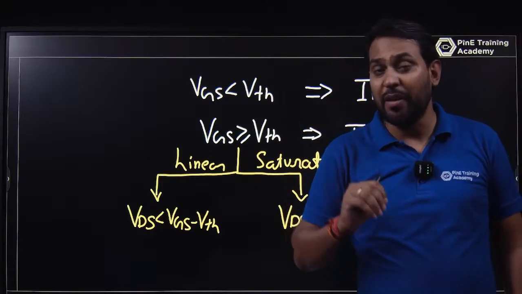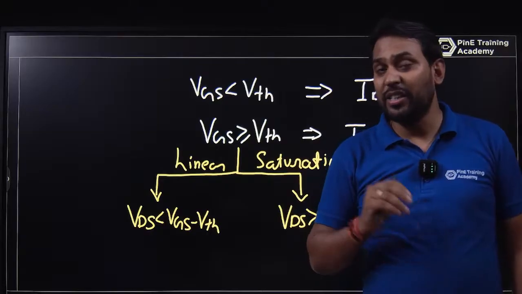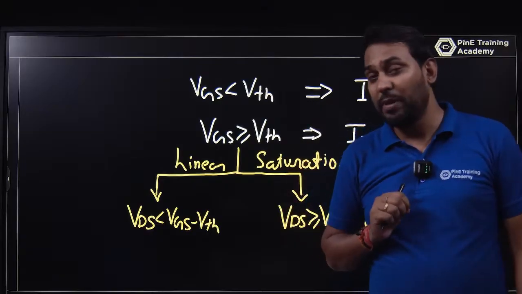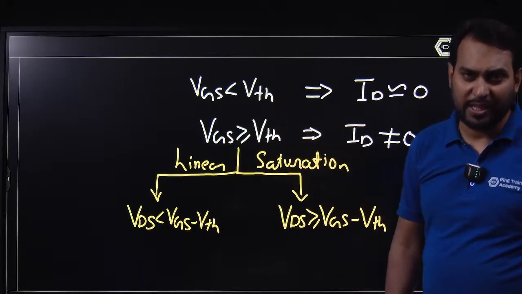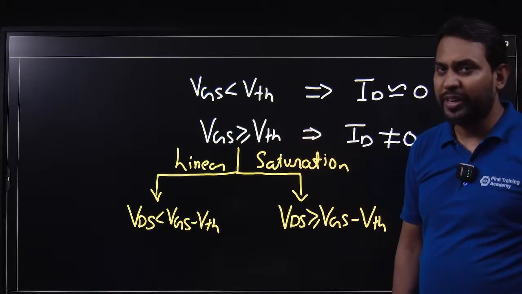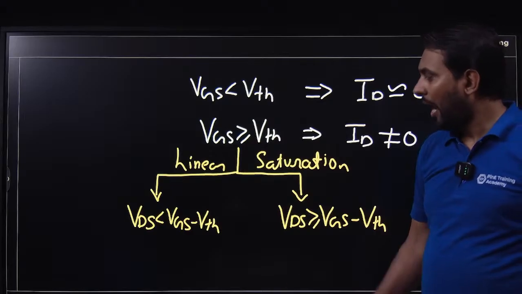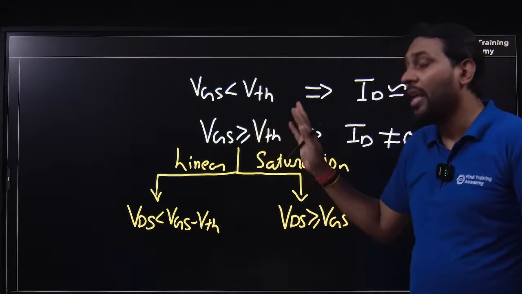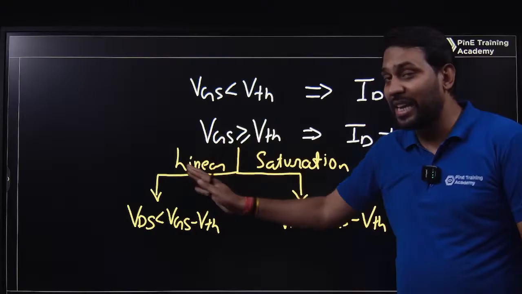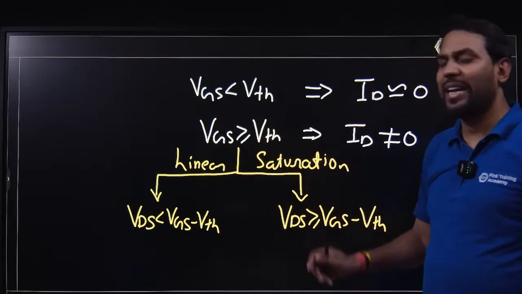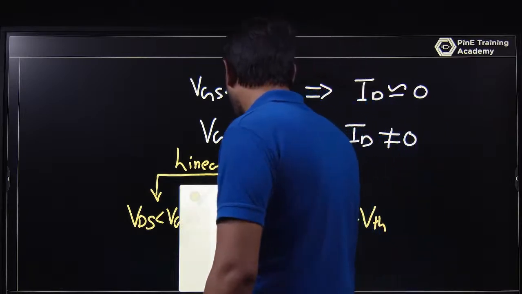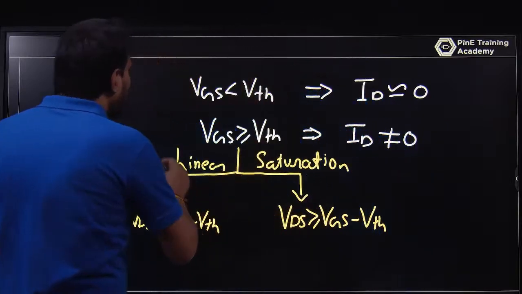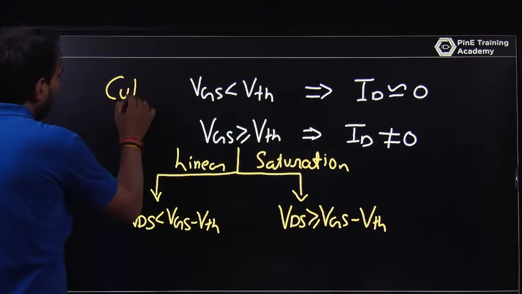If both are the same, that point is called the threshold voltage of the MOSFET. If this is happening, the MOSFET can act in linear or in saturation. And VGS less than VTH is called cutoff.